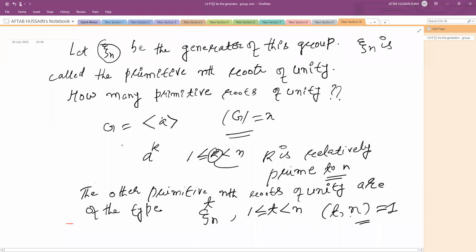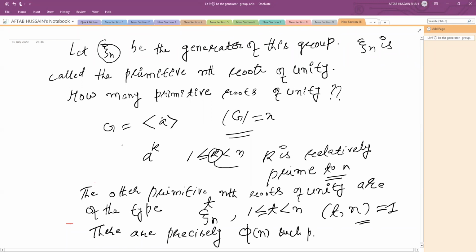And there are precisely phi n such primitive nth roots of unity.